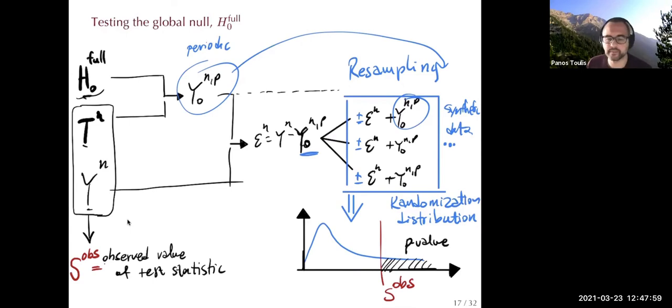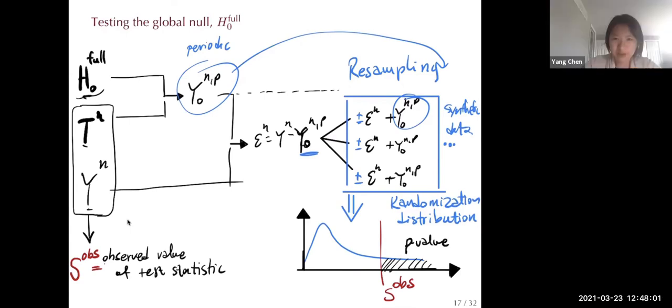So you're dealing with 2 layers of randomization here. One is the resampling of the periodic part, and the other is the sign flip of the error parts, and then you try to match them. In a more traditional randomization testing procedure or permutation test, we would just use the original y0 NP, and then try to do permutation on the epsilon to match the epsilon with the original YNP.